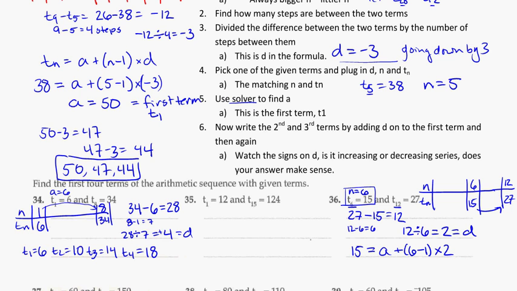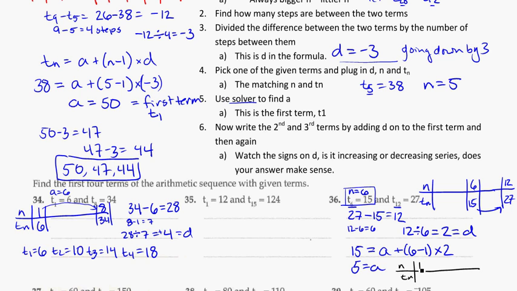Plug that into Solver, or use your algebra. So 6 minus 1 is 5, times 2 is 10, take away 10 on both sides, you get 5 is equal to a. So you know your first term is equal to a, so we could write out an answer here if you want.